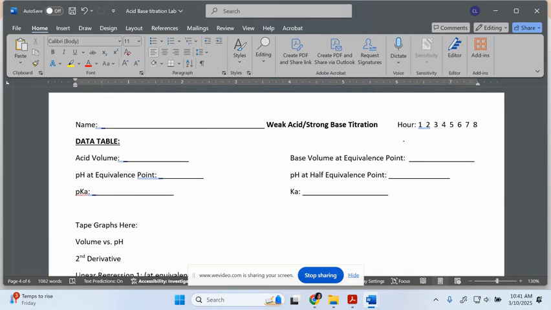Go back to your chart, find your base at equivalence. Have you found that value? Use that value then to calculate how many moles of 0.2 molar base you used.